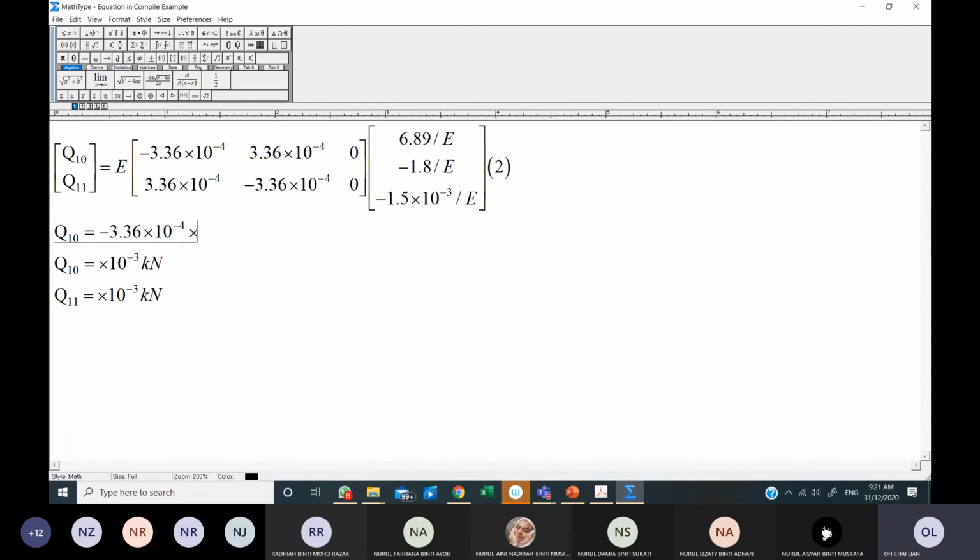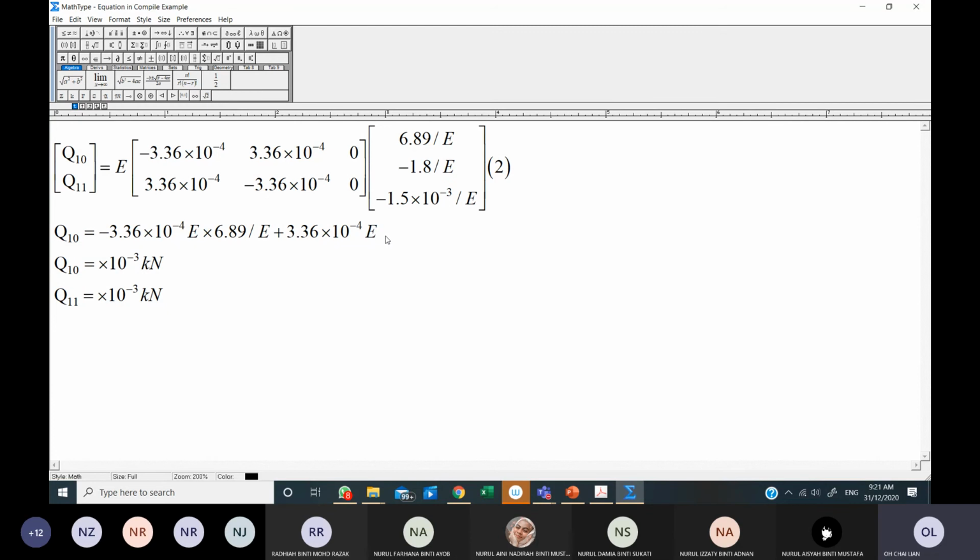And this value number 2 will be with E. Multiplied with the second column, multiply second row.